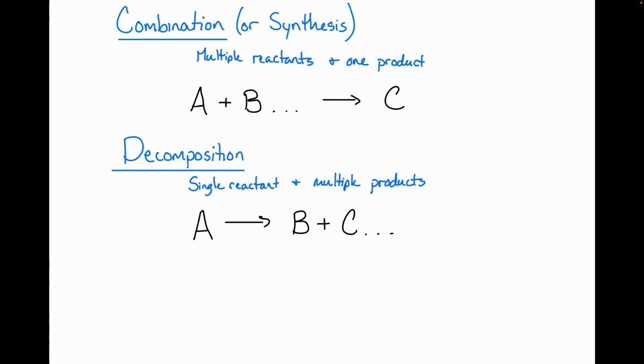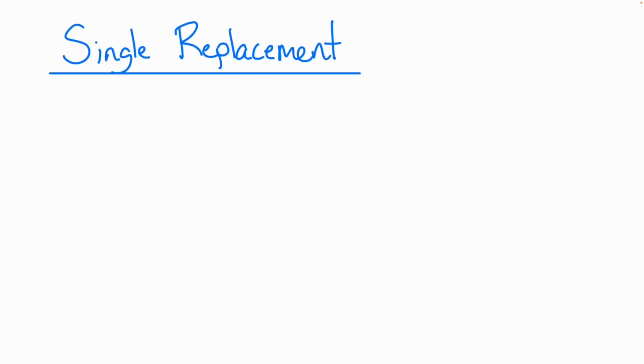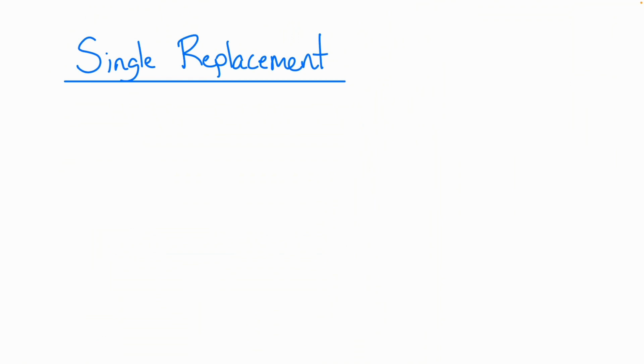All right, our next category is what's called a single replacement reaction. Okay, and this one's a little bit trickier to see, so I'm going to use some color coding here to represent these different elements.